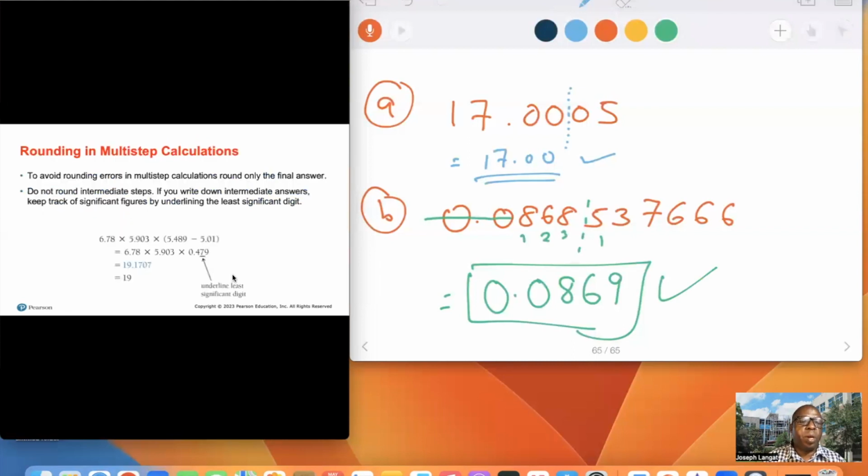Those are just a few examples of rounding off. If you look at the number of significant figures in parentheses, this is what we have. Because of subtraction. Subtraction in parentheses, this is a mixed operation.